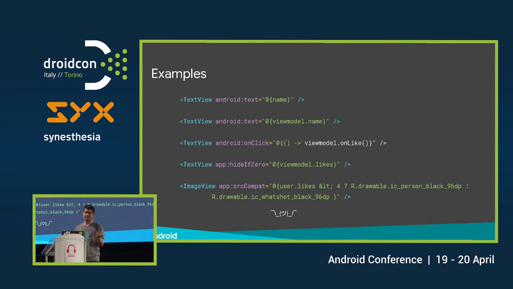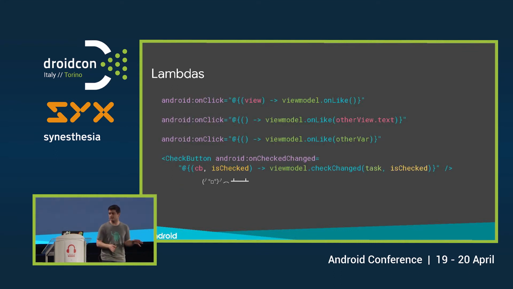It's completely hidden from the rest of your logic. So this is a very bad idea. Instead of doing this, you would just create some method in the view model and just call viewModel.getIcon or something, or popularity icon or something like that.